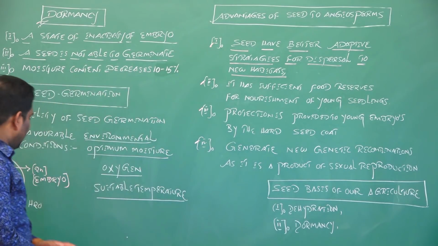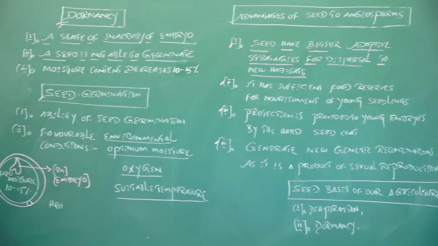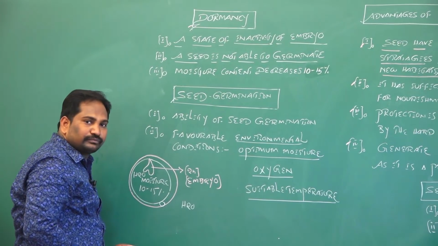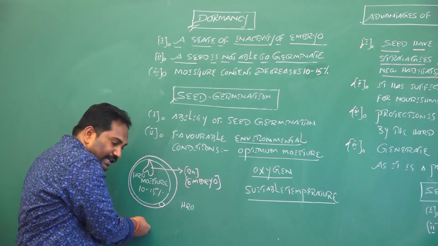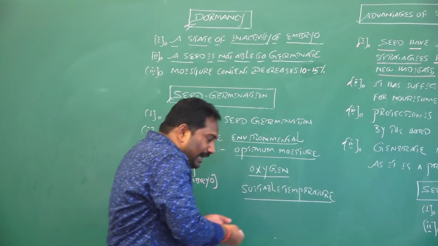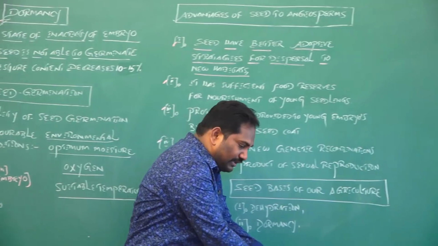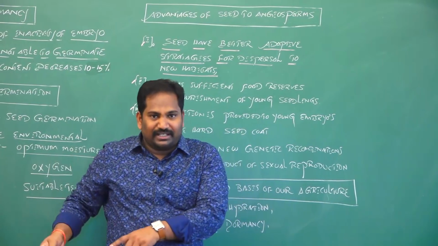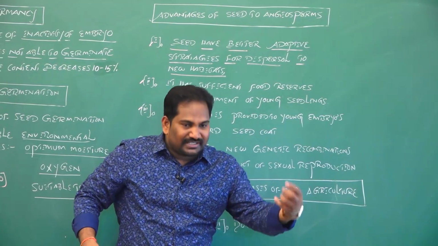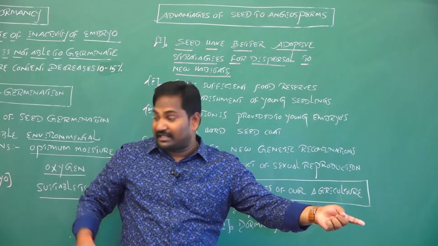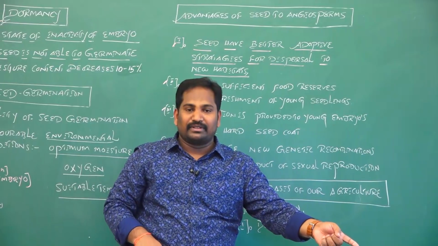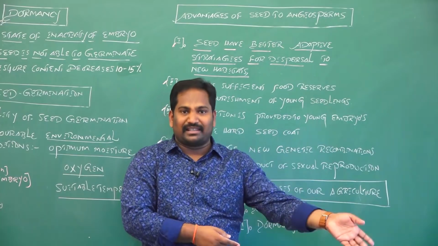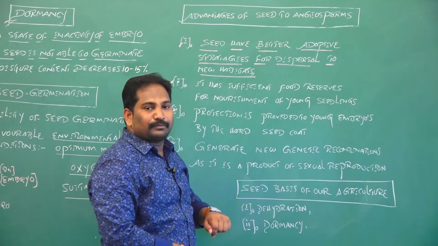For example, this is one seed, formed in one area. If I bring this seed to another area and keep it here, a new plant will arise. Because of seeds, a new generation is created in the new area, so dispersal to new habitats from one area to another is possible.